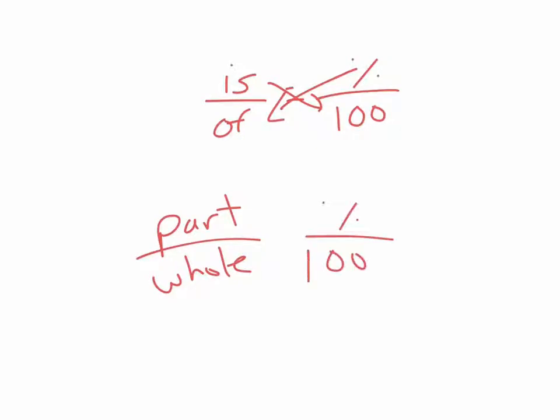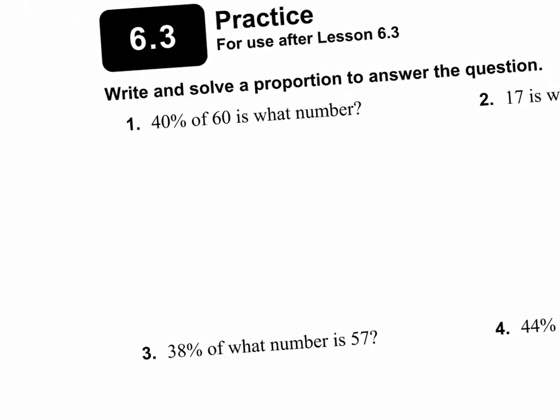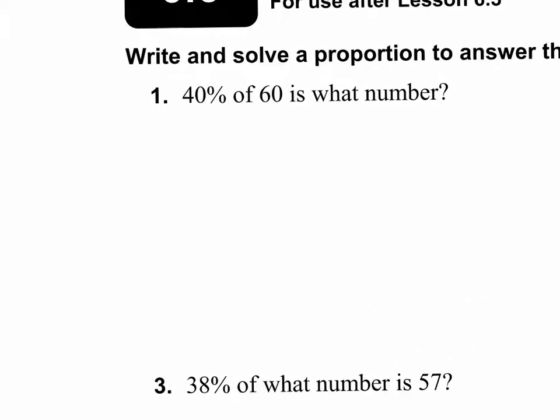All right, so let's go ahead and apply this to a couple problems. Write and solve a proportion to answer the question. As soon as you see percent, you put that over 100. So 40 over 100. Then of, that's important, is over of, 60.